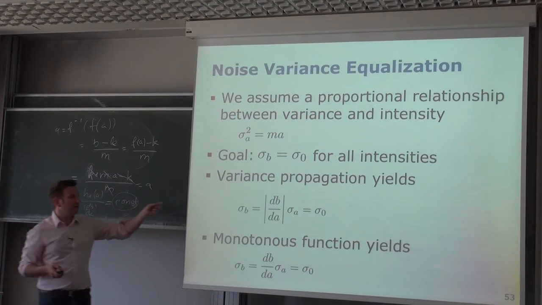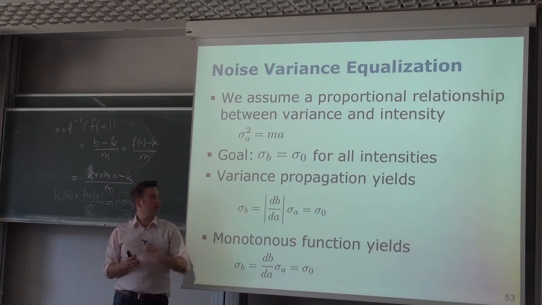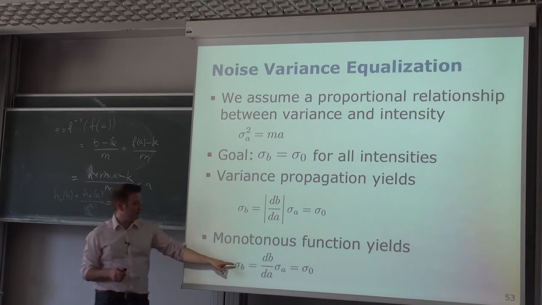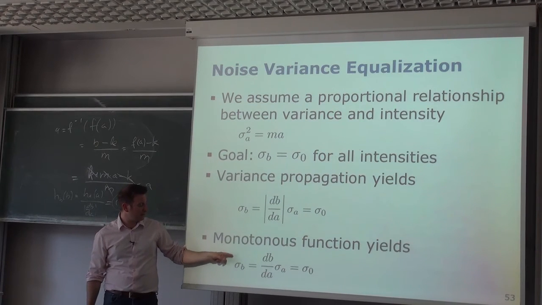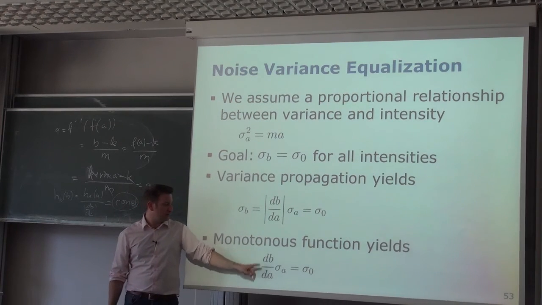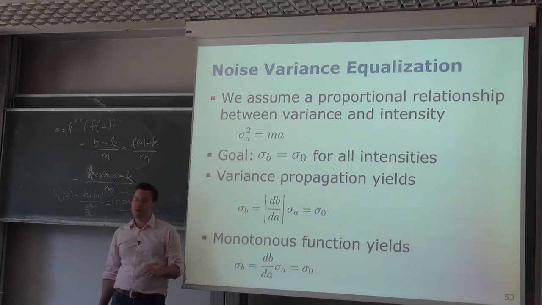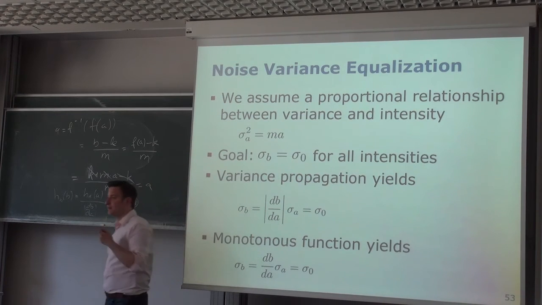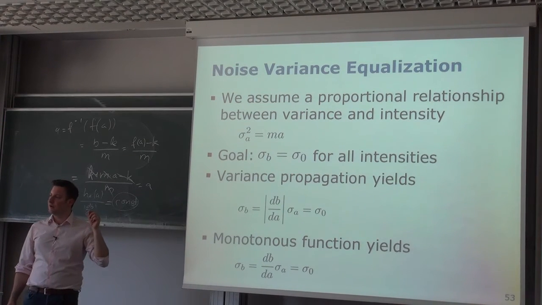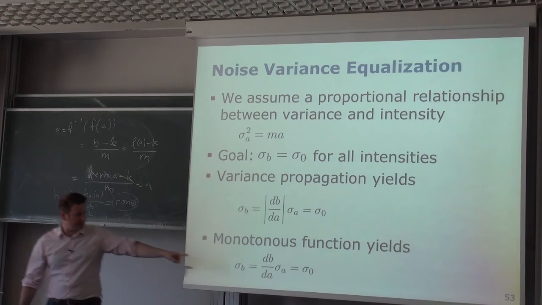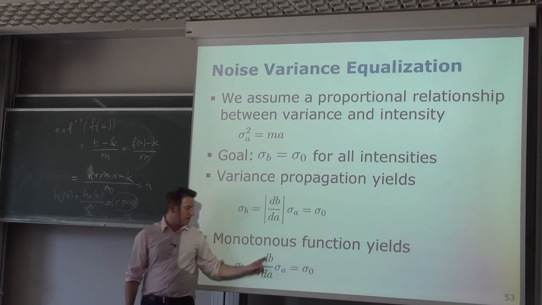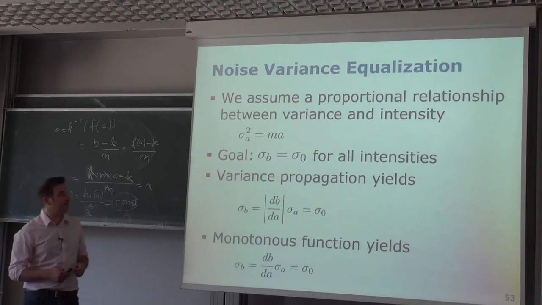And I again say I use a monotonous function, so I can get rid of my absolute values over here, and then I have the very simple relationship that my output variance, which should be constant, is the first derivative of my transformation function squared times the variance of the input intensity values. This depends on every measured intensity value. It is non-constant, and this should be constant over all elements.